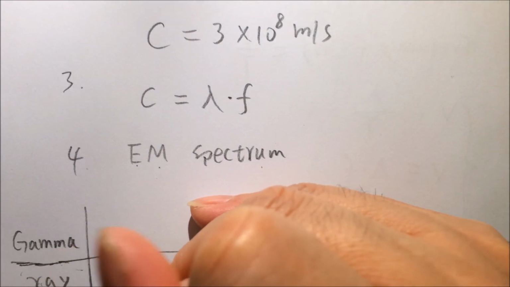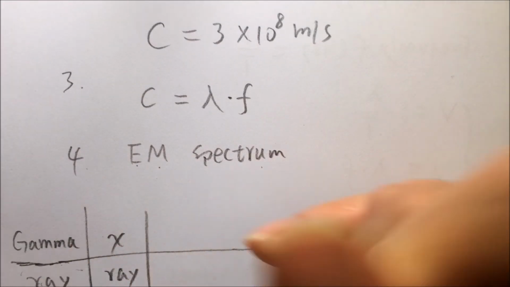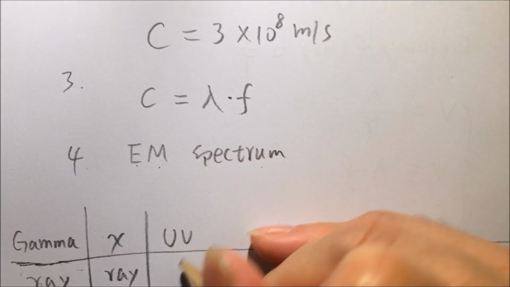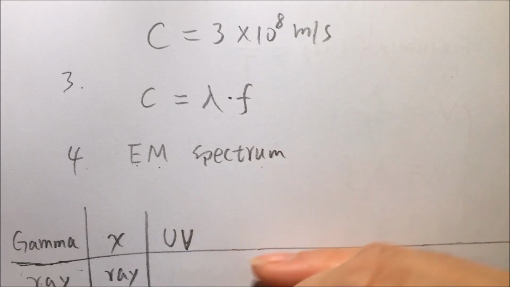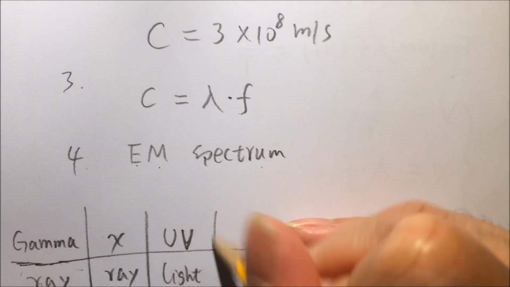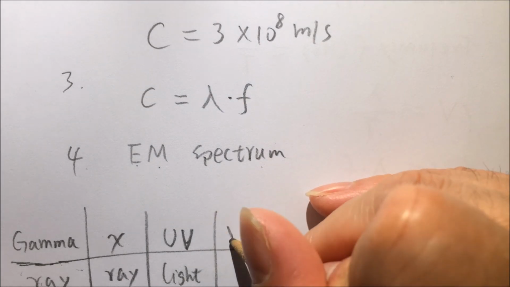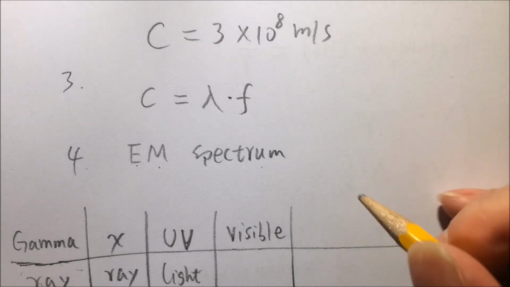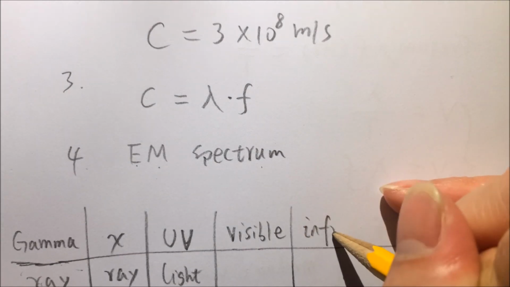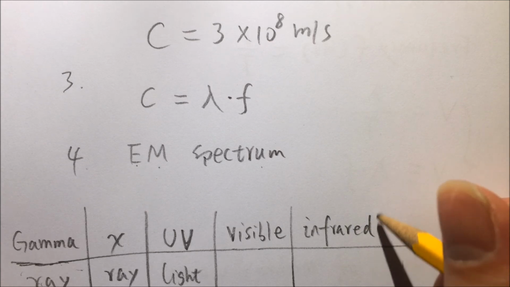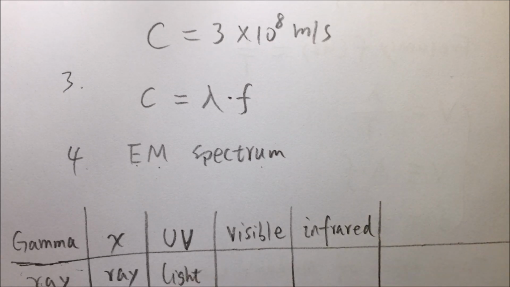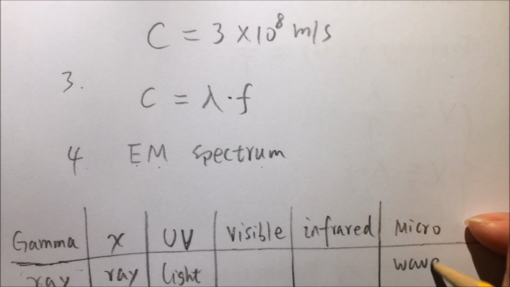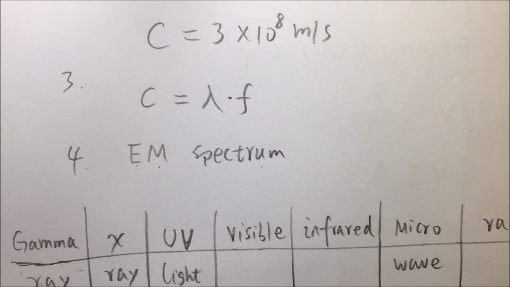And then you have X-ray. And then you have ultraviolet, that's UV light. And then you have visible light. And then you have infrared. And then you have microwave. And then you have radio wave.